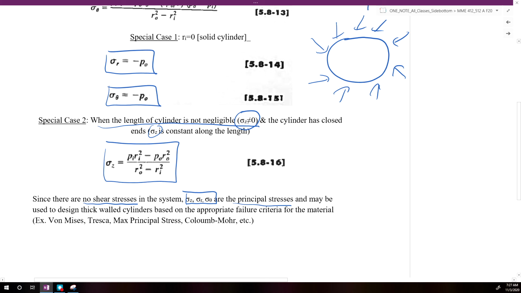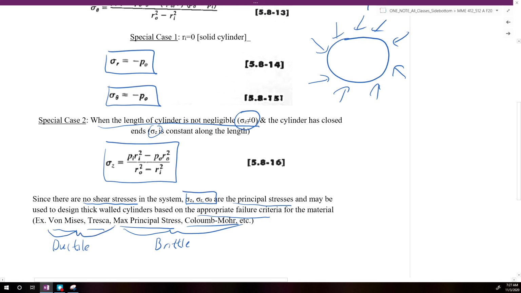You can use the appropriate failure criteria for the material that you're using. For ductile materials, you'd use the von Mises or Tresca criteria, and for brittle materials, you might use the maximum principal stress or the Coulomb-Mohr theory to design your pressure vessels. Okay.